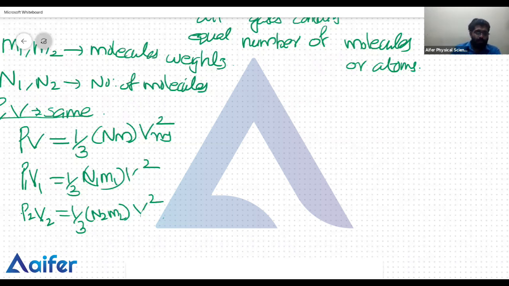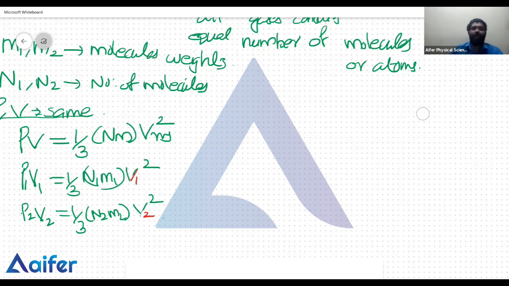Now I would like to write this as V1 and V2. If temperature is the same, then Vrms should be the same. Can we say that they are the same? No. Even though temperature is the same, we cannot say, because Vrms is inversely related to root m. So it not only depends on temperature, it depends on molecular mass.